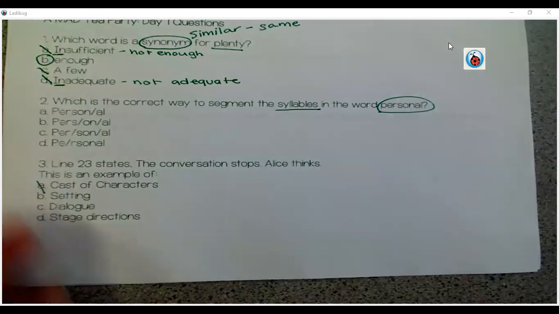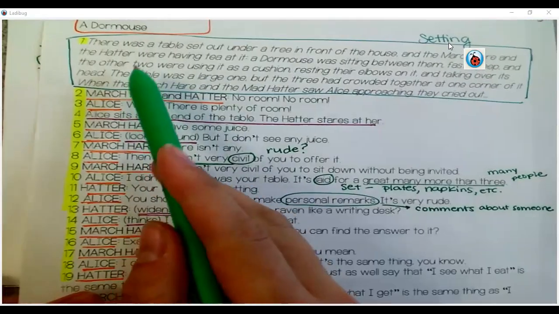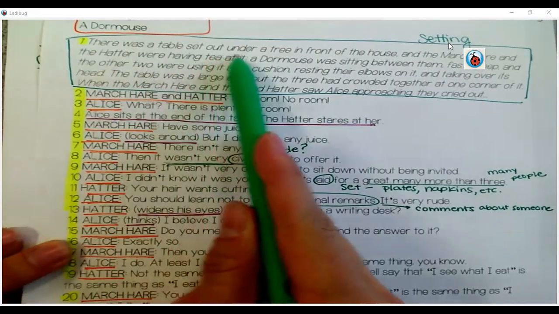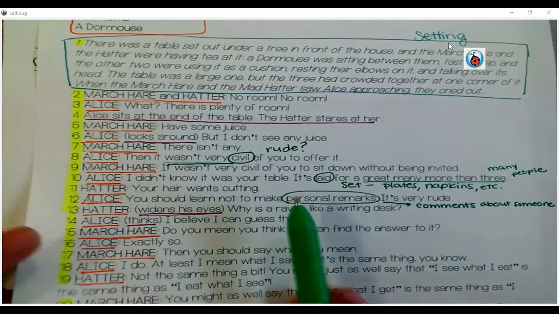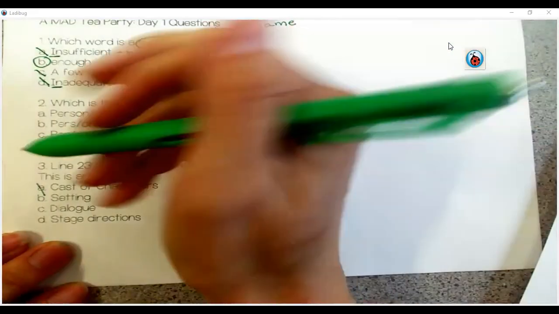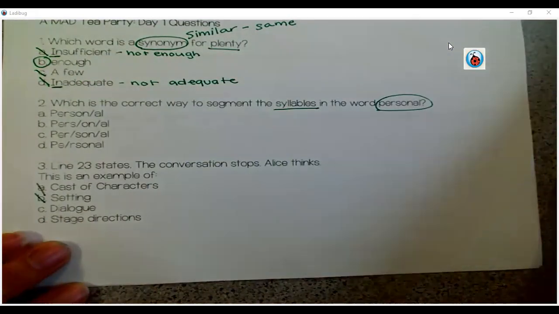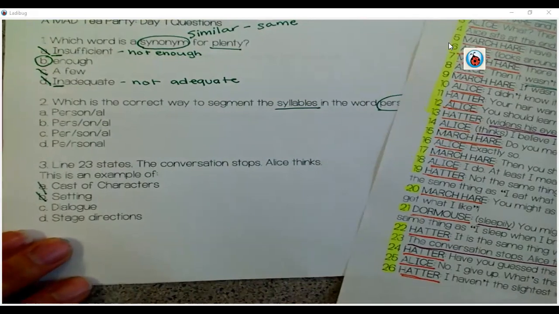isn't correct. The setting was also near the top. The setting was those italic words that described to us what was happening before we started reading. Setting was also not a correct choice. So that tells us it's either dialogue or stage directions.